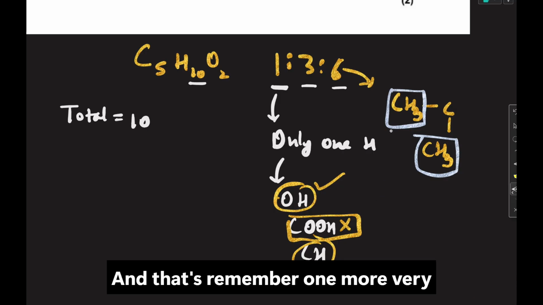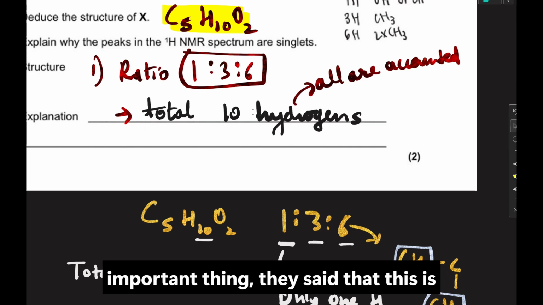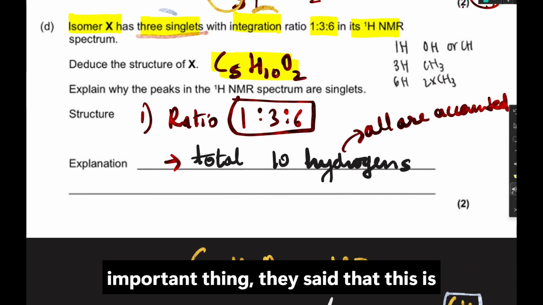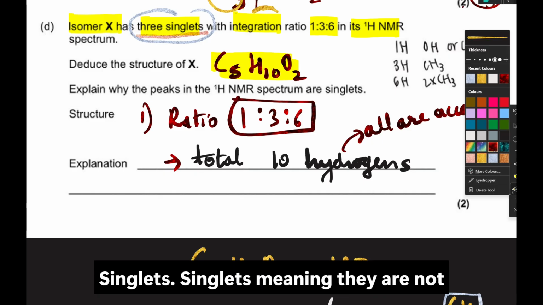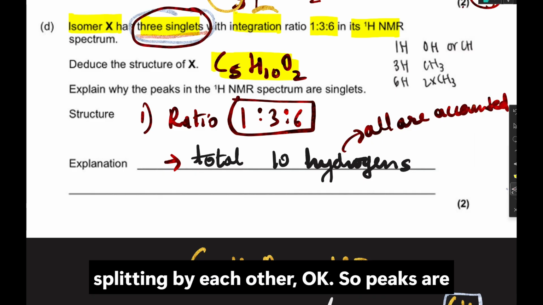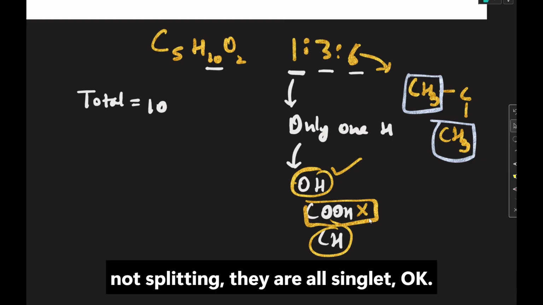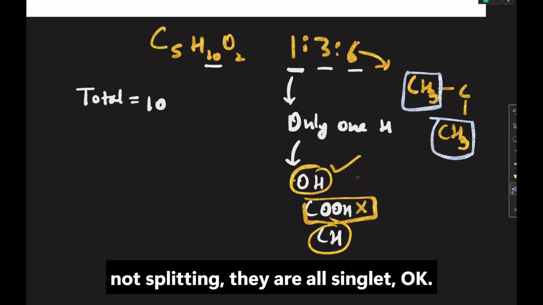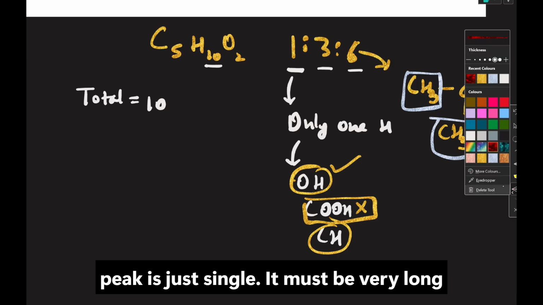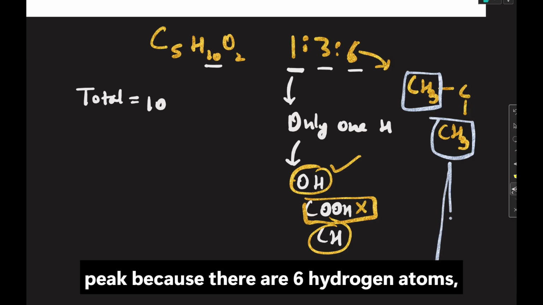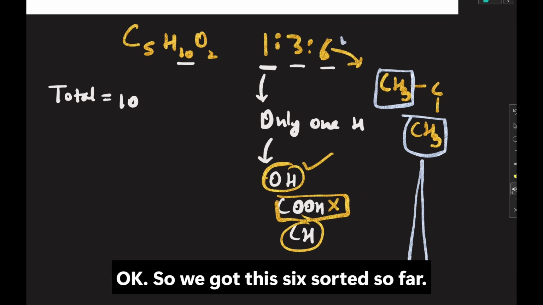Remember one more very important thing: they said there are 3 singlets, meaning the peaks are not splitting each other. So you have 6 hydrogen atoms, but the peak is just a single, very tall peak. So we got this 6 sorted so far.